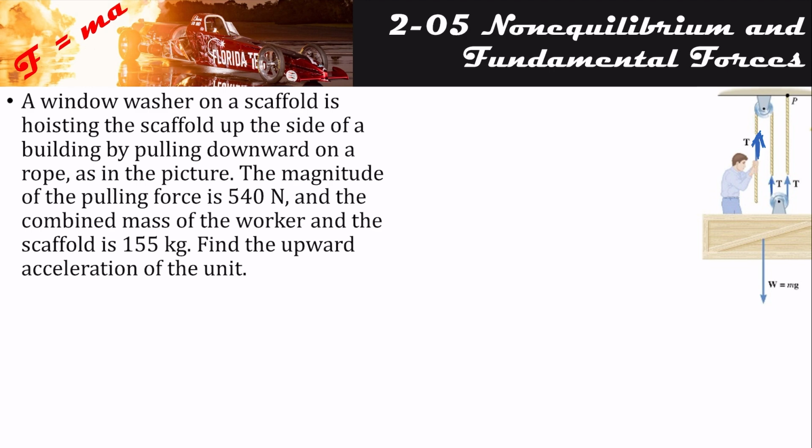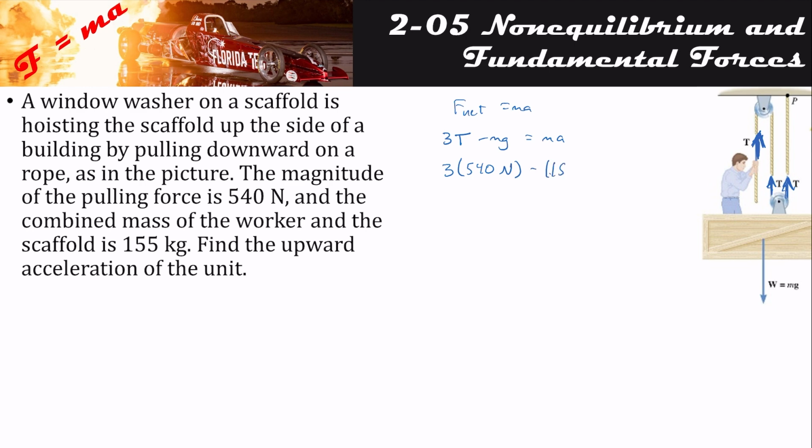The same rope is connected to both sides of the pulley, hence I have two more tensions. So if I go net force equals mass times acceleration, I have three tensions upward and the weight downward. Our tension, it says he pulls with 540 newtons, so that's our tension.